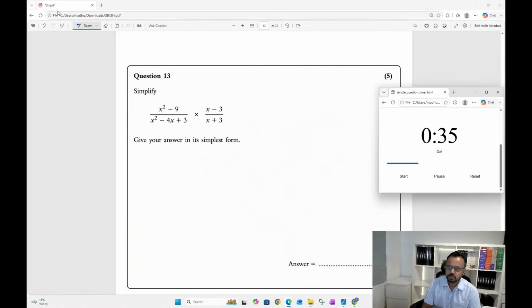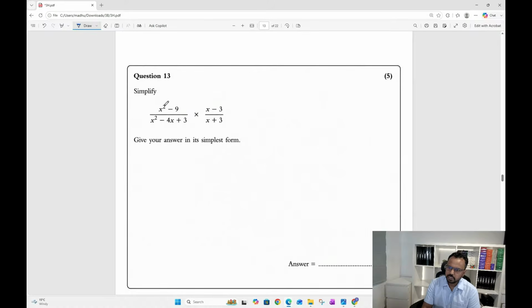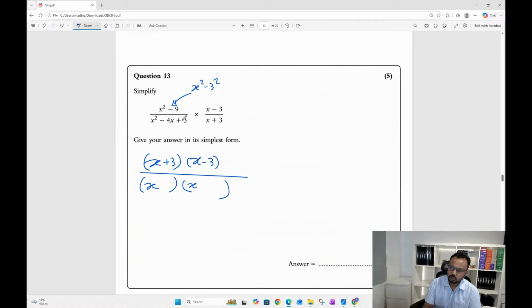Right, I would say that's quite sufficient time, guys. X squared minus 9 is a difference of two squares: x squared take away 3 squared, so x add 3, x minus 3. And for this one, x here, x here, we need two numbers that multiply to give 3 and add up to give negative 4: negative 1 and negative 3.